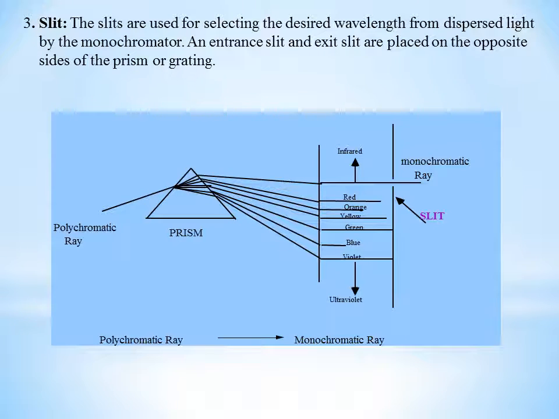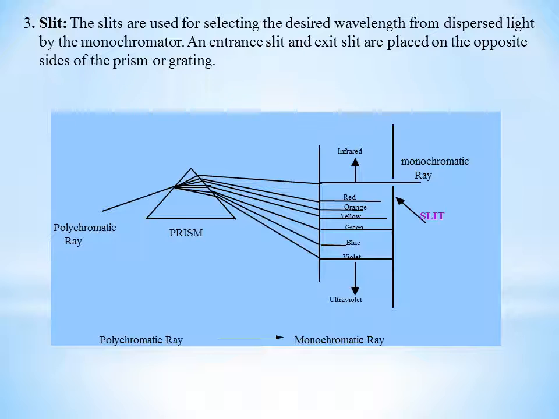Again we will see these slits. Two slits are there, the entrance slit and the exit slit. These two slits are placed on the opposite sides of the prism or grating or colored filter, whichever we are using. The polychromatic radiation will pass first through the entrance slit. Then, if we are using a prism, it will pass through that prism, where it will disperse into monochromatic radiation. Then it will pass through the exit slit.